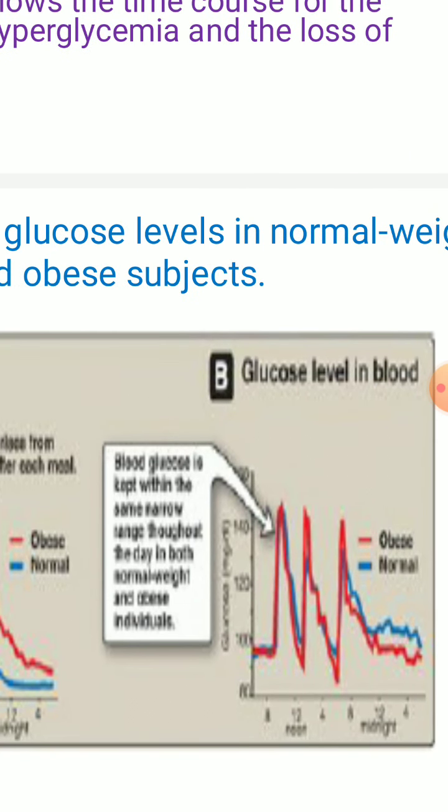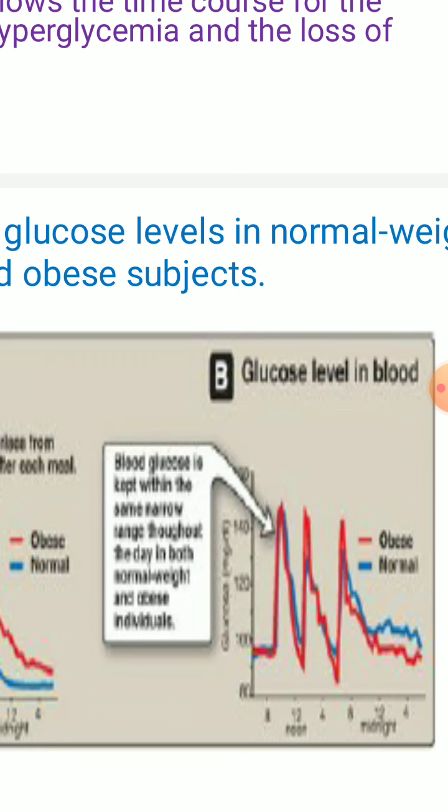whereas the glucose level in the blood you can make out here. So here, both the red and blue lines, obese and normal, what is happening in the case of this particular person? You can see within the line how the mark shows both concentrations, right?